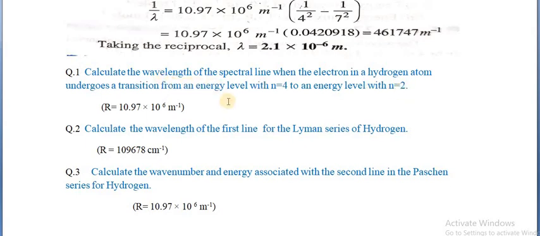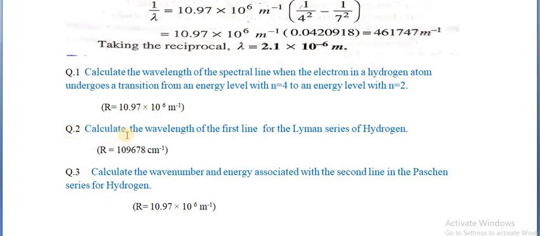Over here the higher value is n equals 4 and the lower energy level is n equals 2. That means we need to use which series? The first one is Lyman for n equals 1, the lowest value, and for n equals 2 it is Balmer. So you need to use the Balmer series over here. The value for R is given.